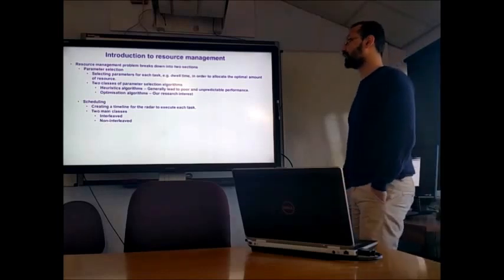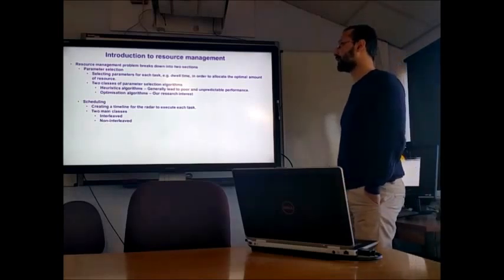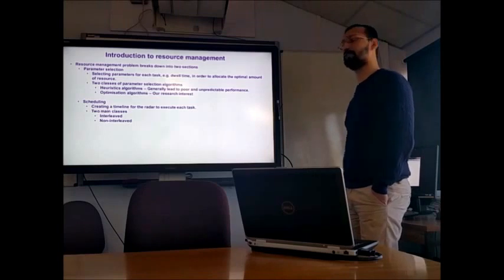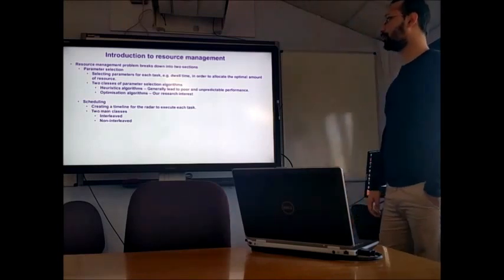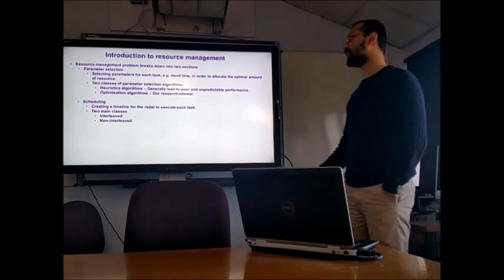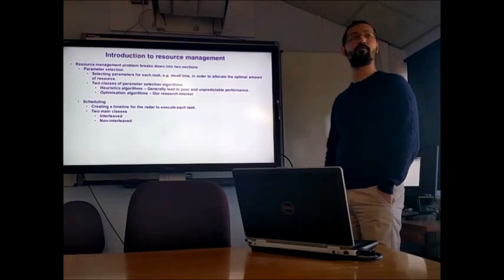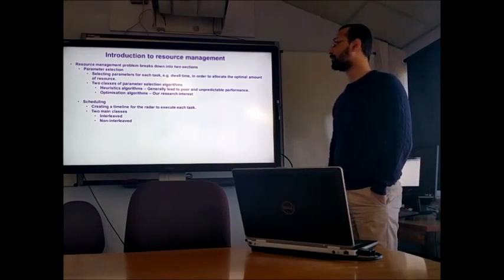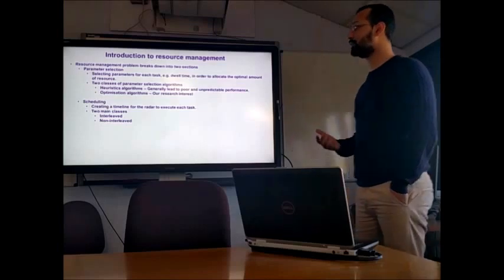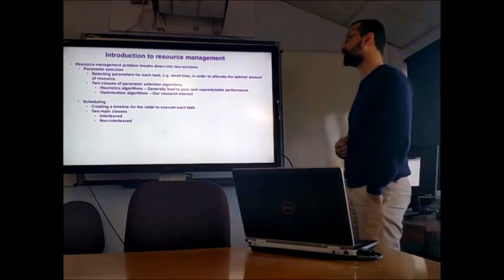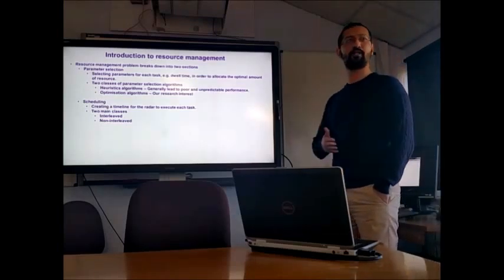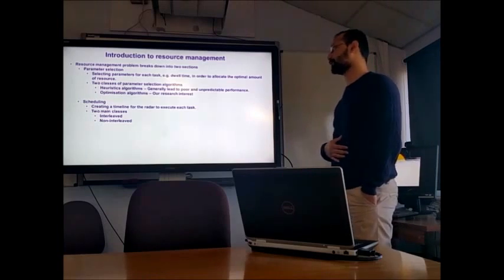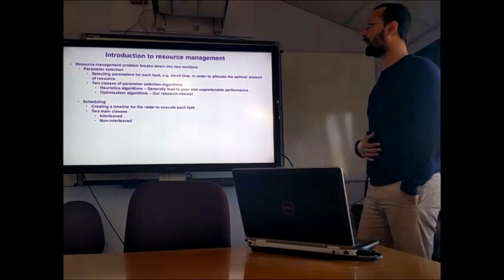There are two different types of resource allocation or parameter selection algorithms. The first one is heuristic algorithms. The second is optimization algorithms. The heuristic algorithms aim to solve the problem by obtaining an approximate solution, and they do this by trading off optimality and accuracy.